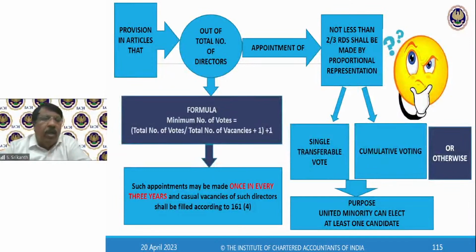Normally the formula is very simple. Majority wins. Suppose there are 100 people, if 51 agree, over. But now the whole equation is changing. A director will be elected if he secures the minimum number of votes. He doesn't have to get a majority.